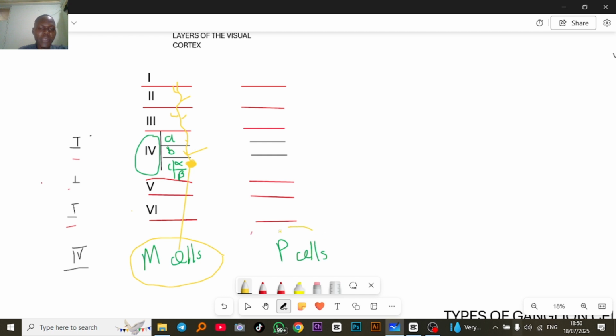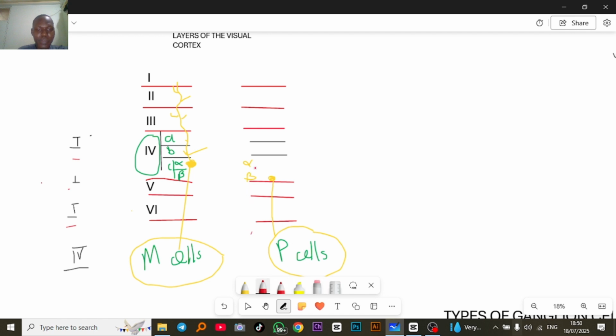Then the P cells terminate in two regions, but mainly they move into layer 4C beta. If this is our alpha and this is beta, they terminate mainly in layer 4C beta.